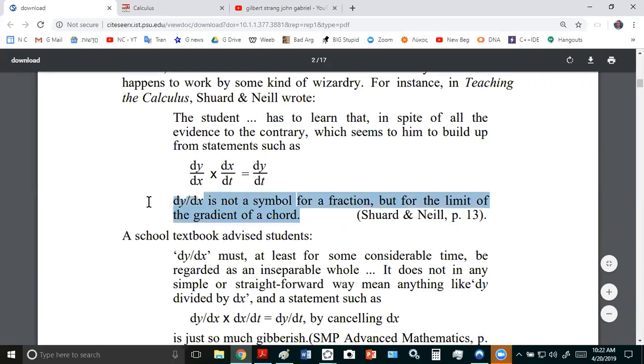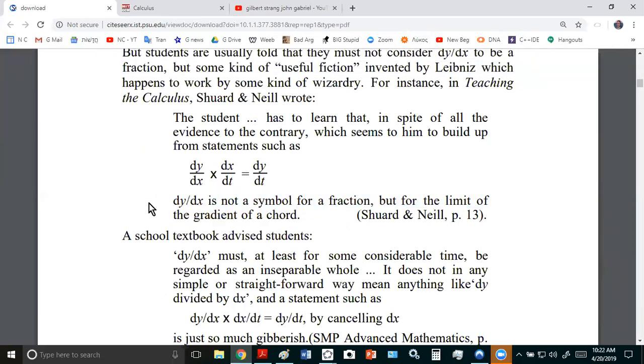That is false, okay? dy/dx is exactly a fraction. It's a fraction of symbolic differentials, okay? dy and dx are differentials.